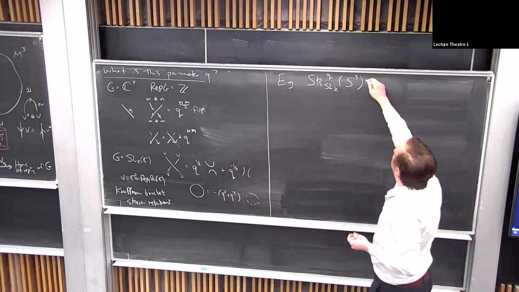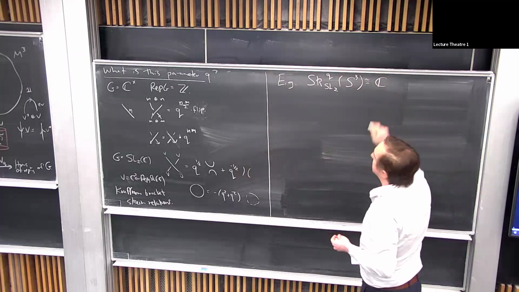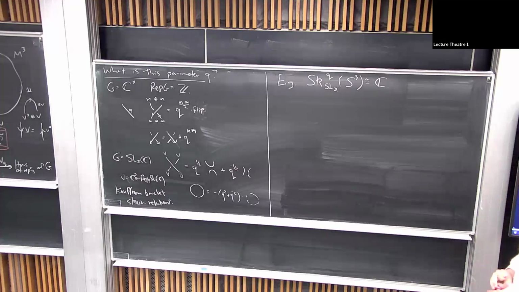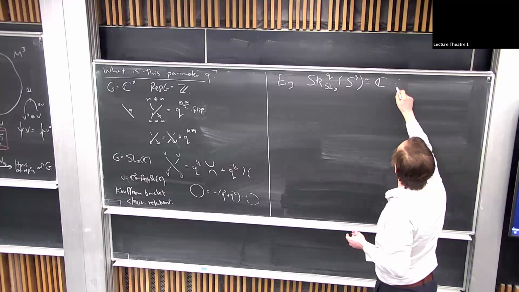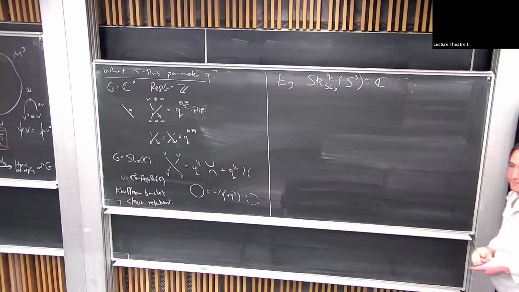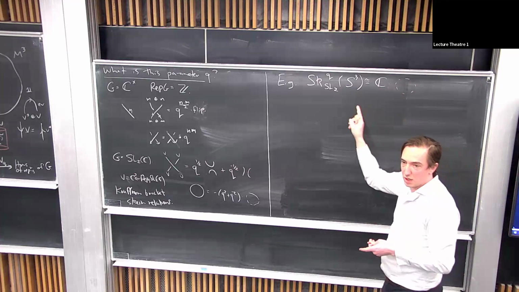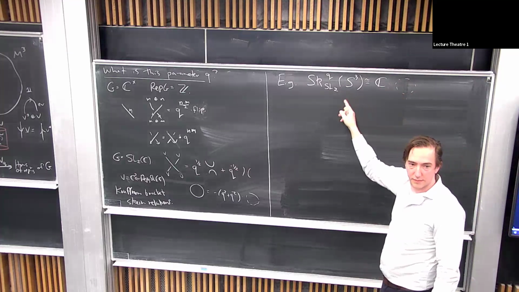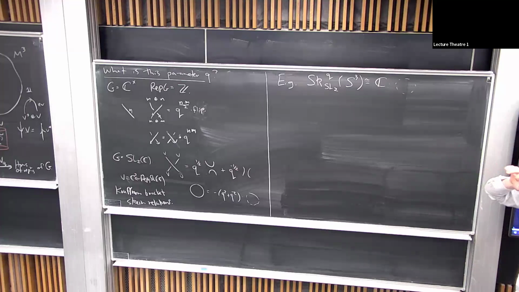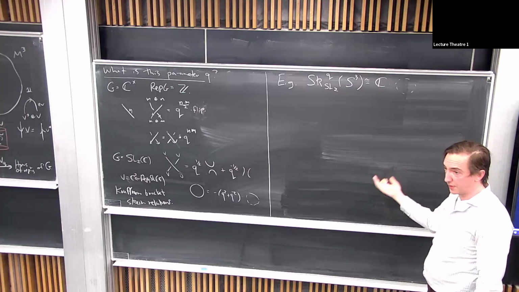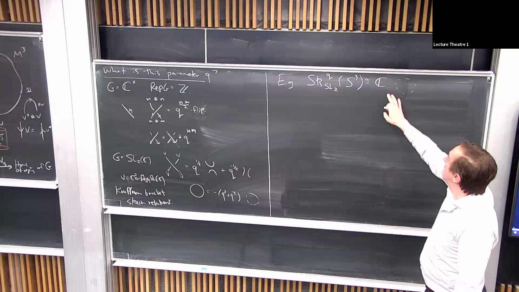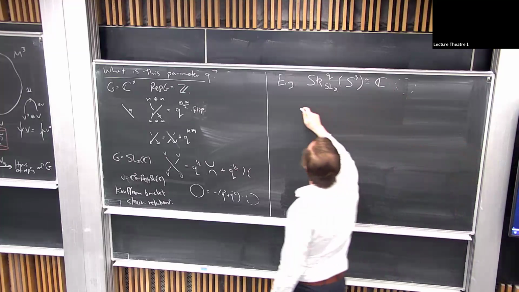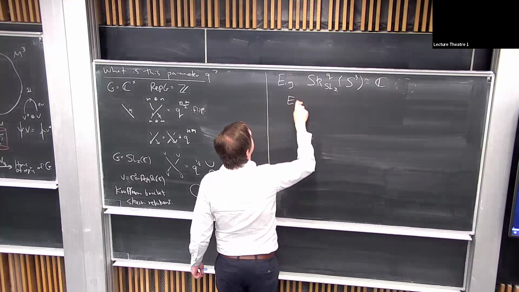And I claim this is just isomorphic to the ground field times the empty skein. And I claim that you all know this fact that I've just said. This fact is equivalent to a fact which won Vaughan Jones a Fields Medal. This is equivalent to the existence of the Jones polynomial.